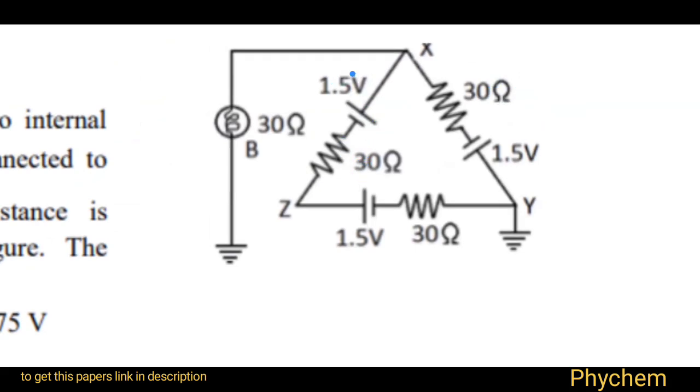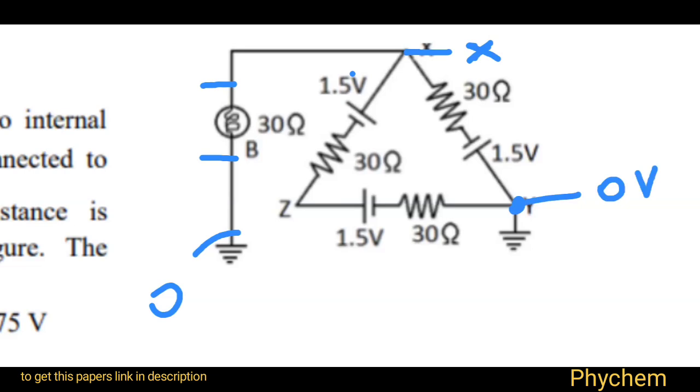They're asking for the voltage difference across the bulb. So you have to find the voltage at this point X. And Y is currently earth, so this point also experiences 0 voltage. Okay, now let's conclude.